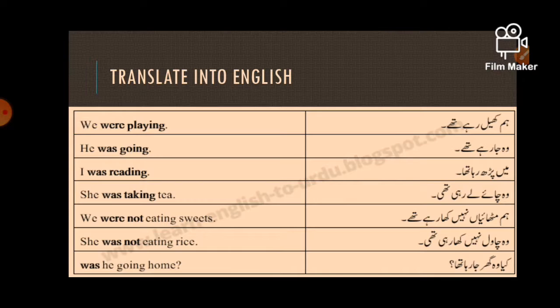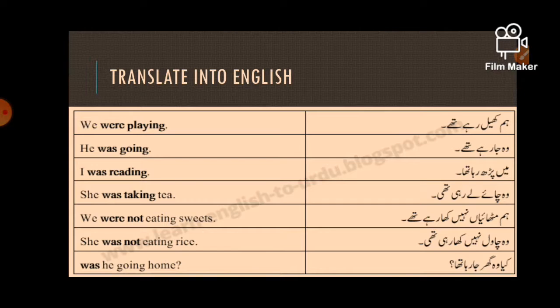Means two actions occurred. One of them was going on, whereas the other action was completed. हम खेल रहे थे जब वो आया means the action of playing is going on, whereas the action of coming is completed.